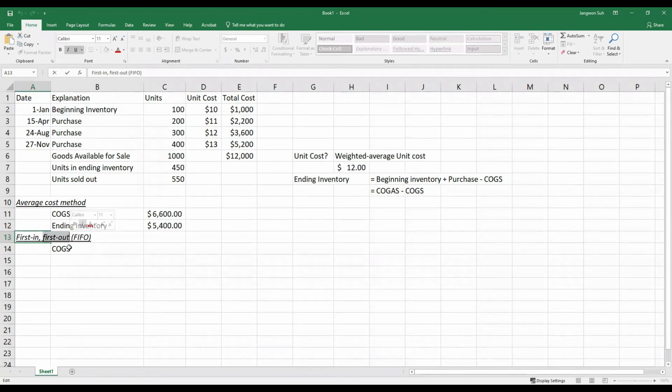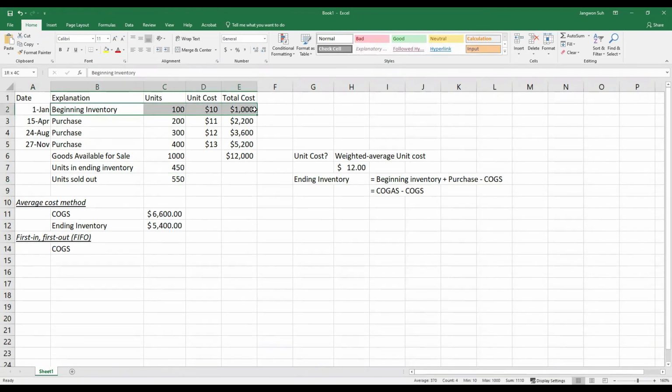That's what it means. Okay, then what are the firsts? These are the firsts, right? How many are sold out? 550 are sold out. These are the firsts sold out. Are there enough to explain the number of units sold out? No, not enough. Then what's our next first? When we use up this first, then our next first is the second layer. Are there enough to count 550 in the first two layers, 100 and 200?